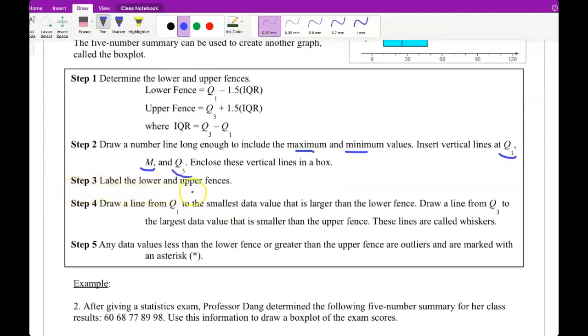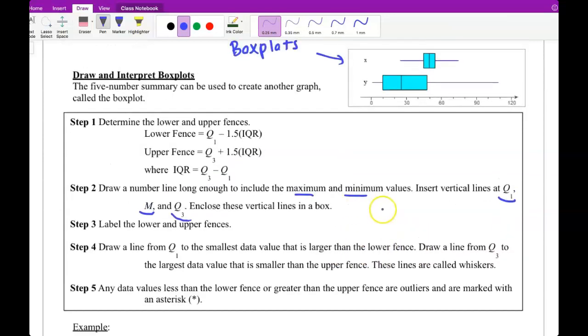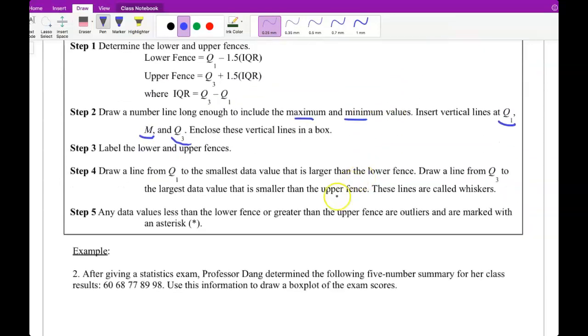Step 3: label the lower and upper fences. Step 4: draw a line from Q1 to the smallest data value that is larger than the lower fence. Draw a line from Q3 to the largest data value that is smaller than the upper fence. These lines are called whiskers. So we're going to follow all these steps to draw this box plot.